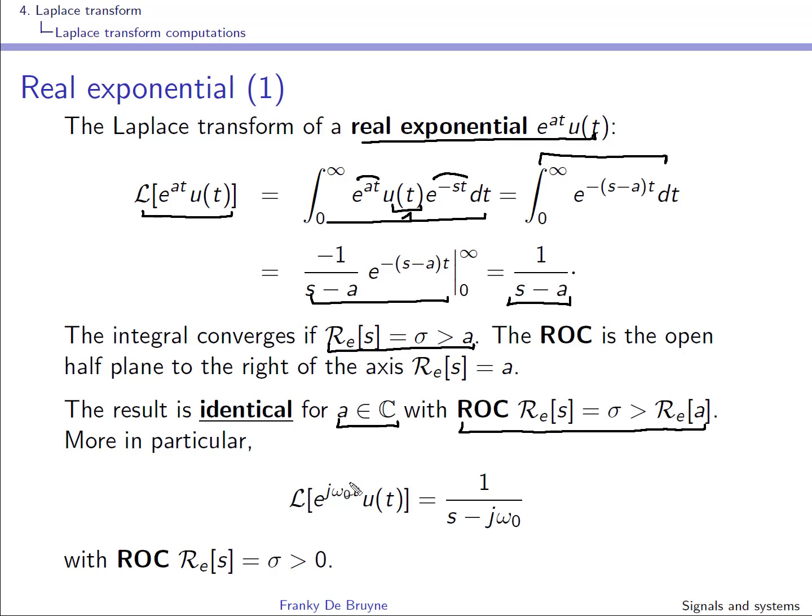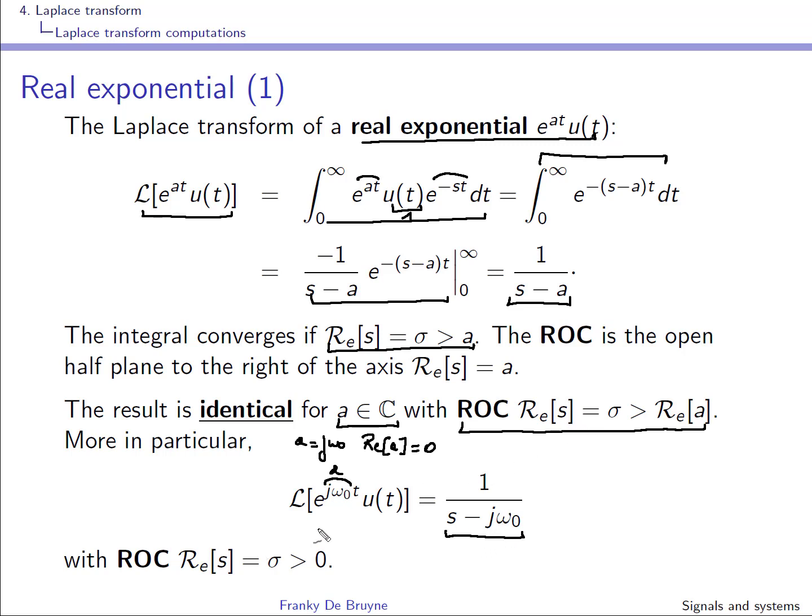So what we'll do here is take a equal to j omega 0. Here a is a purely imaginary number, so the real part of a is equal to 0. If we apply the formula and compute the Laplace transform of this complex exponential, we obtain this formula over here where we put a equal to j omega 0, and this is the resulting Laplace transform.